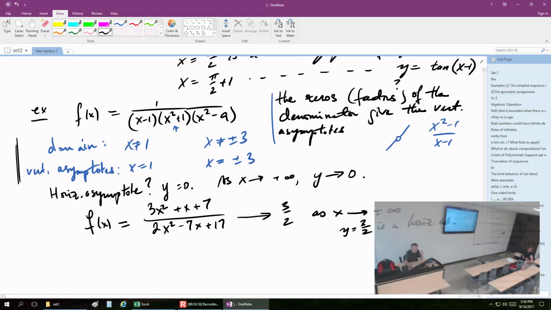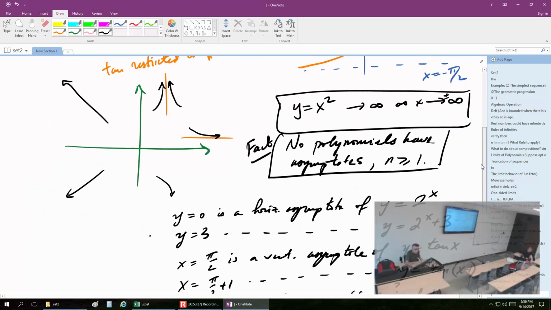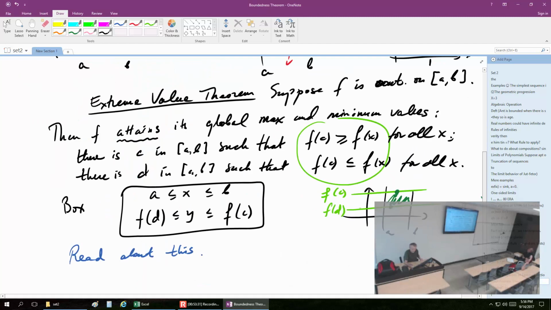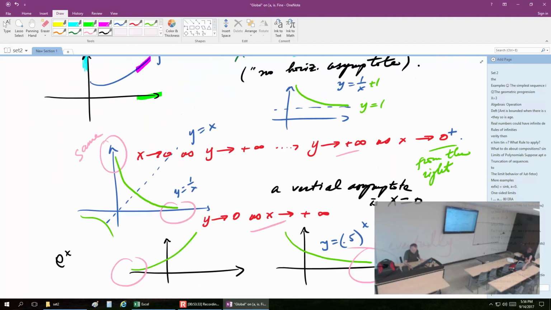If it is a rational function, we don't have to worry about whether it's plus or minus. With the exponential function, remember, it has a horizontal asymptote on one side and no asymptote on the other. Where is it? Here it is. There is no asymptote on the right.